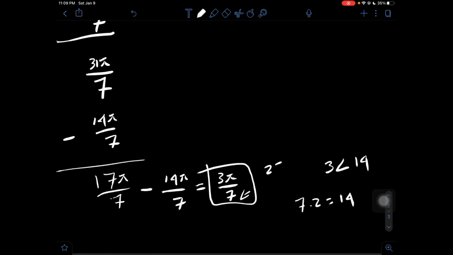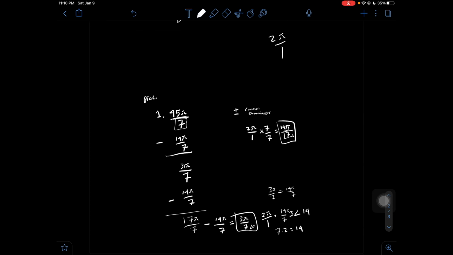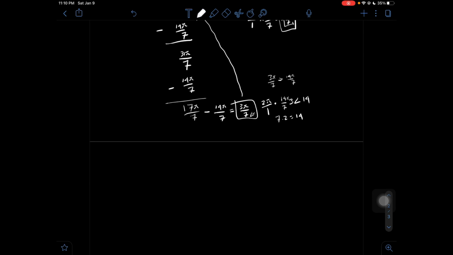If you make 2 pi over 1 with a common denominator, you'd get 14 pi over 7, and 3 pi over 7 is less than 14 pi over 7, meaning that we have satisfied all the rules and that 3 pi over 7 is the coterminal radian to 45 pi over 7.